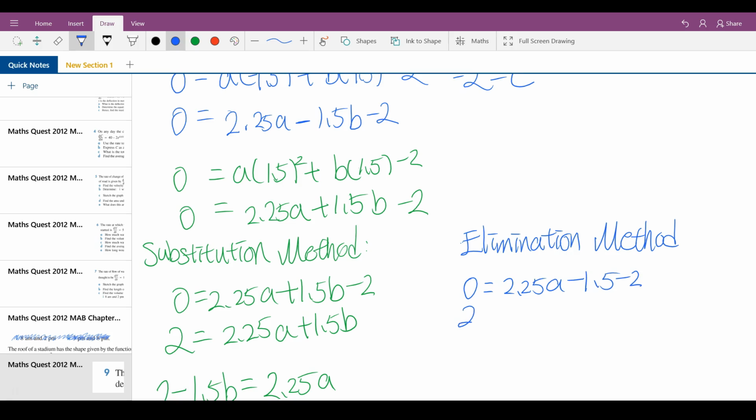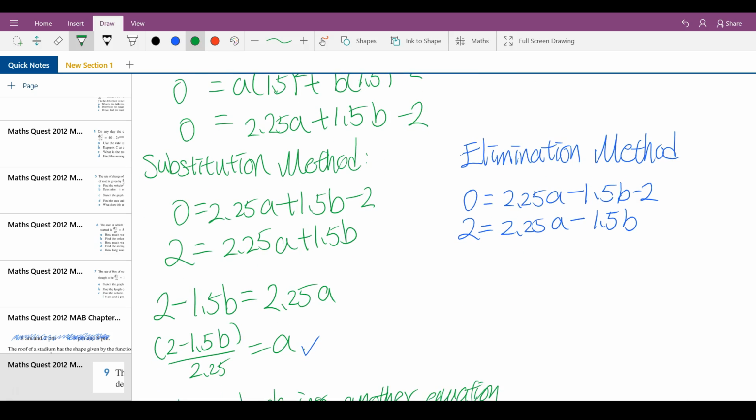Let's just move the 2 to the other side. 2.25a minus 1.5b, so there was a b there. And the other function is the same. So let's just try to write that as well. Oh, we got it right there. It's 2 equal to 2.25a plus this 1.5b. Now this one is easy because we can already cancel out one of the variables, or one of the unknowns, just like that right now.